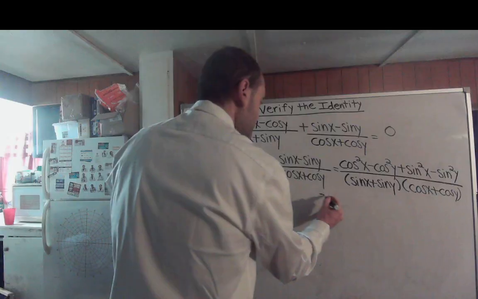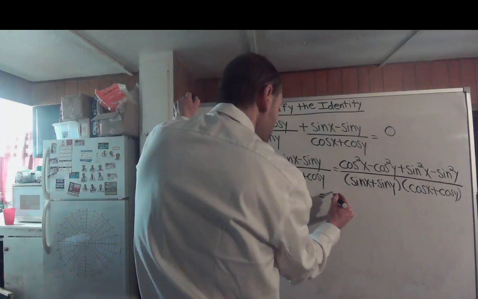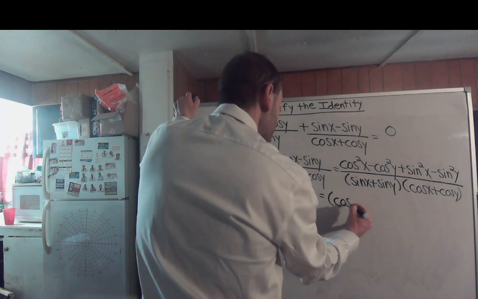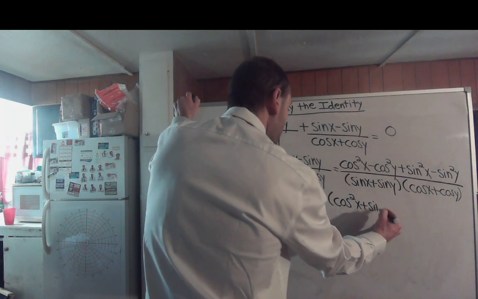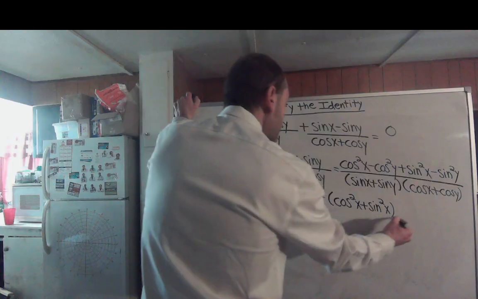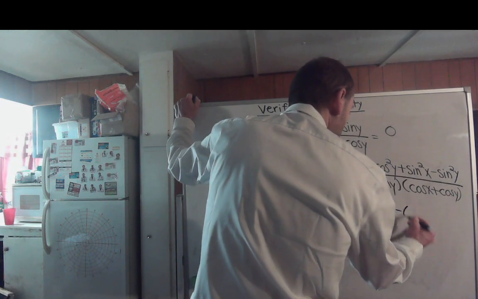Alright, well, let's look at something here. You can group your x terms together, so you'll end up having the cosine squared of x plus the sine squared of x. And then both your cosines and sines of y are negative, so you can factor out a -1.